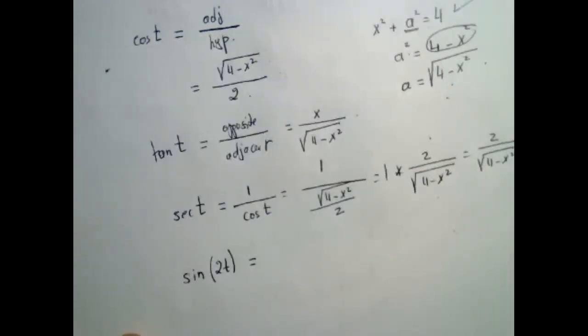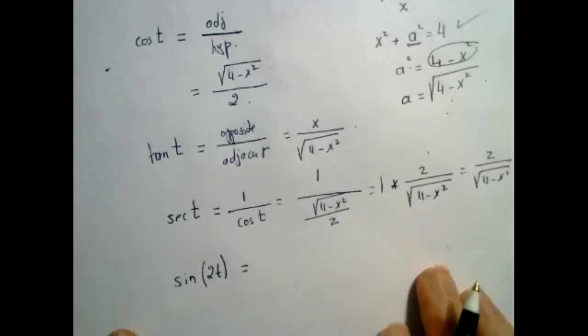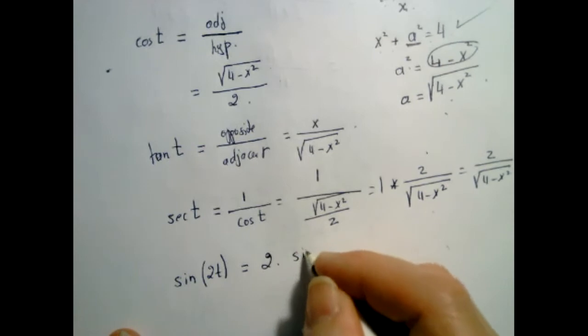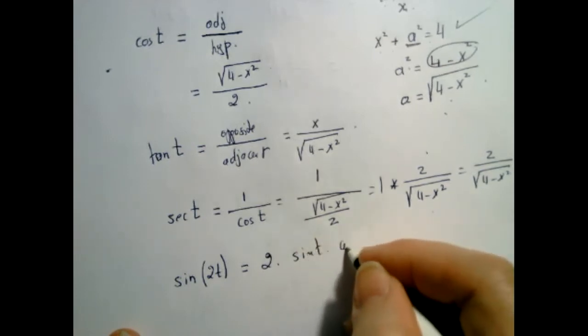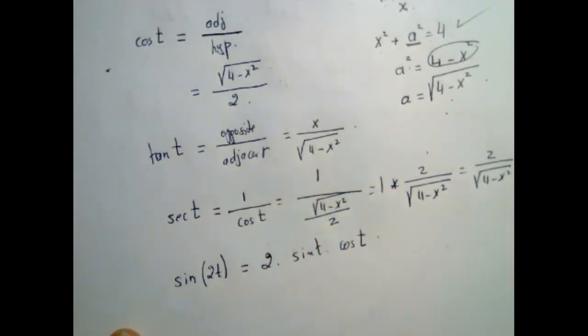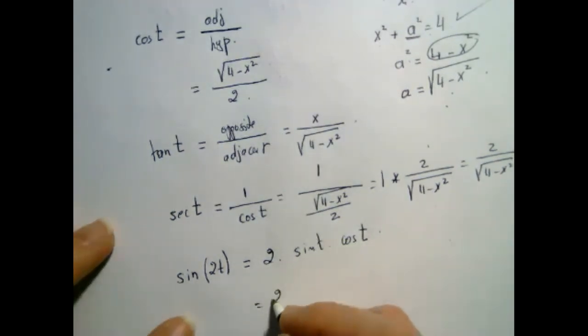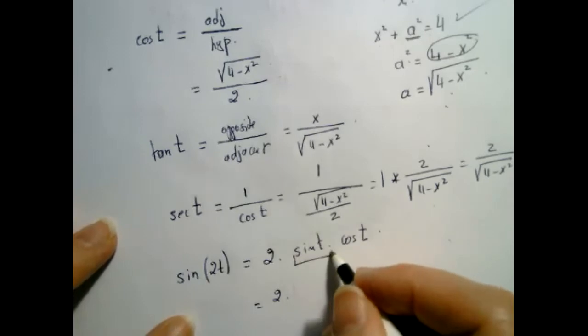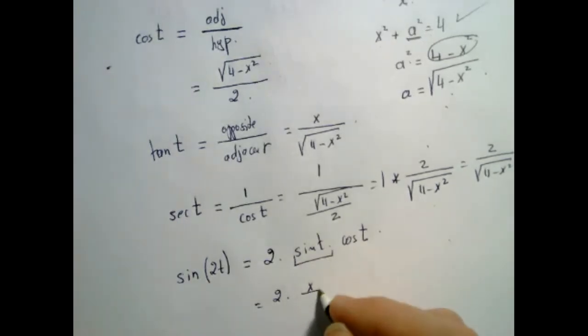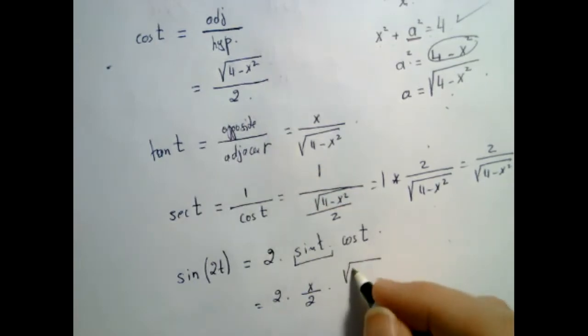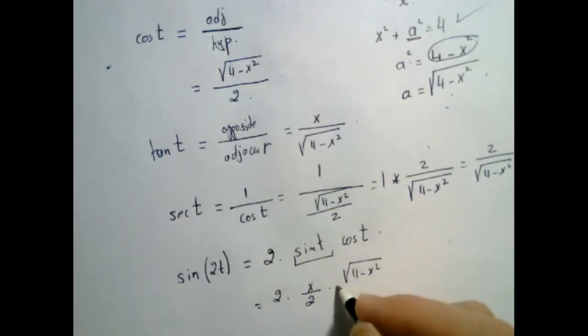Okay, so now sine 2t. Sine 2t is, now I have to use the double angle formula, 2 times sine of t times the cosine of t. So once I find the sine of t, I can use the double angle formula. I know it, it's x over 2. Cosine of t is the adjacent over 2.